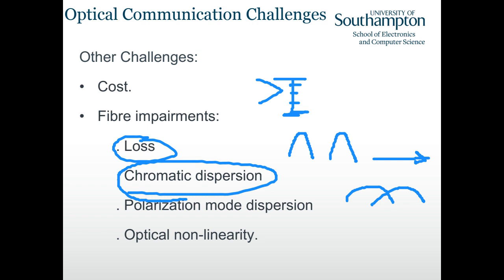So why don't we have this in RF? The chromatic dispersion is not in RF. This is because for wireless communication, the propagation distance is very small. For example, a base station can cover a campus.